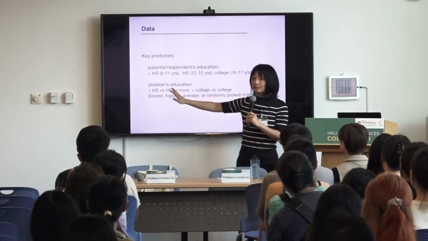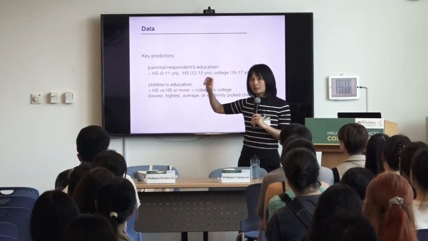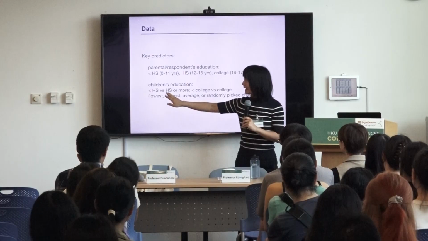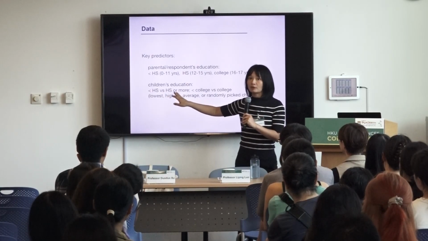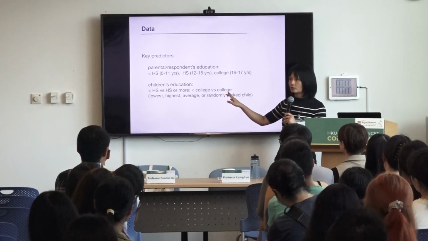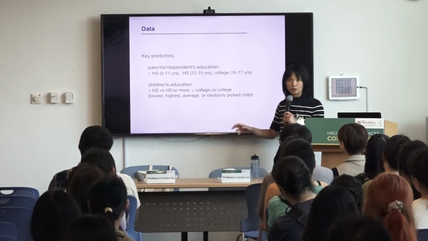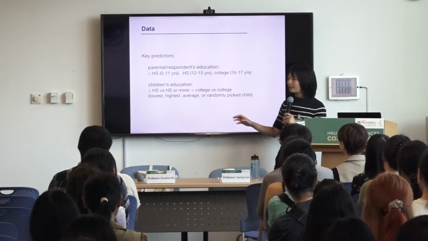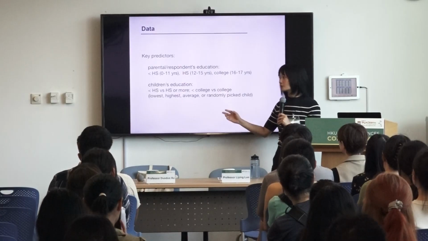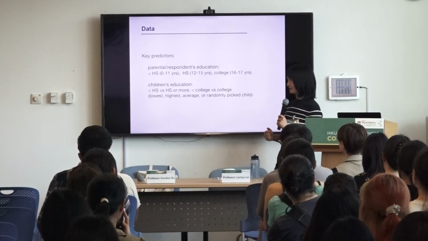This set of measures would give us estimates of how much health inequality can be reduced or increased by setting all children to have college education, for example, by having or forcing all students to complete college, such as coming to Hong Kong University.